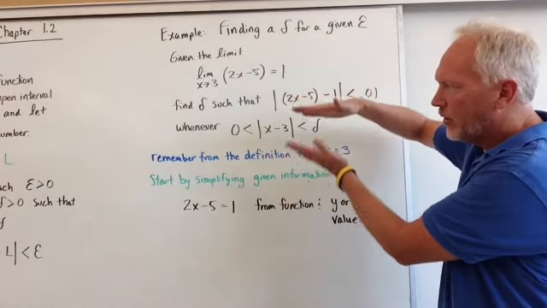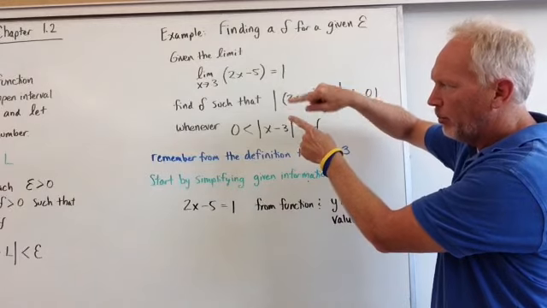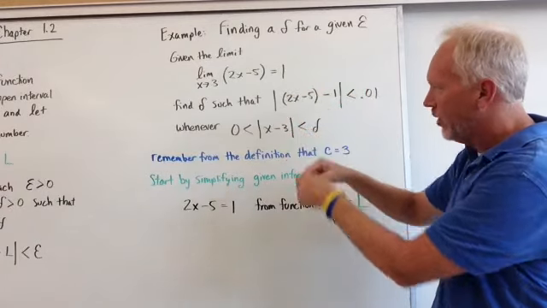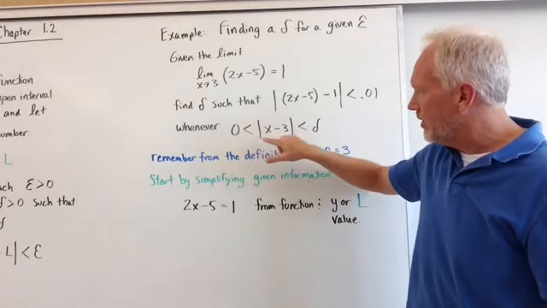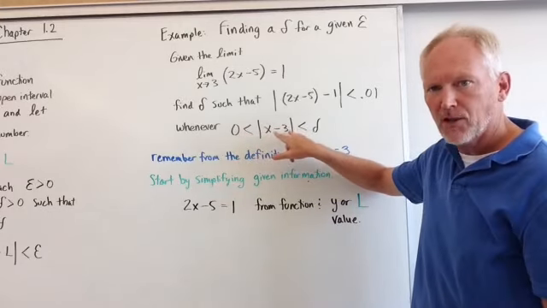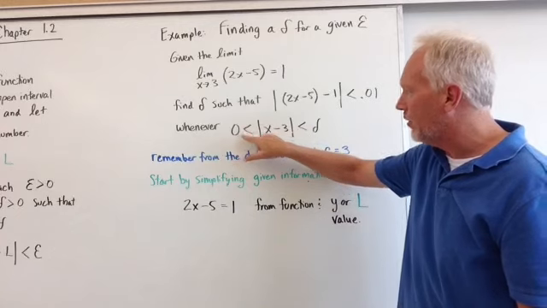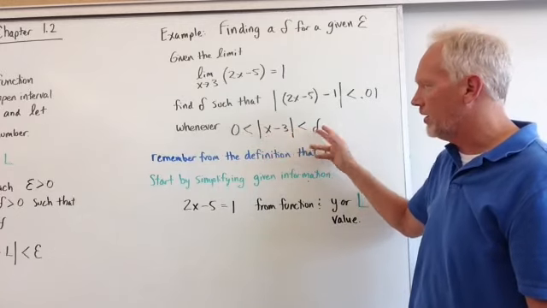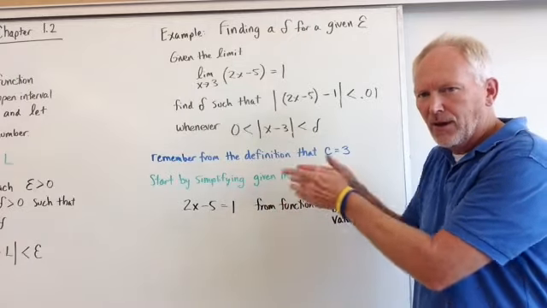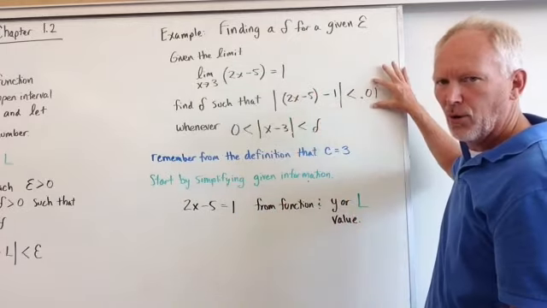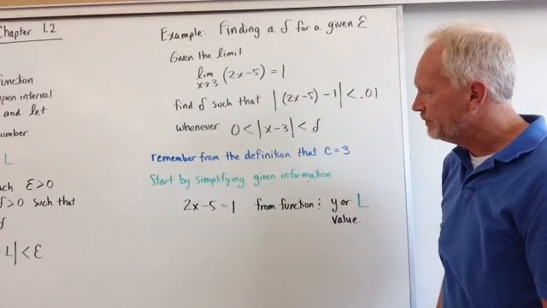So the y's can only go up 0.01 and down 0.01, whenever x minus 3 is greater than 0 and less than the delta. So we need to find that delta.